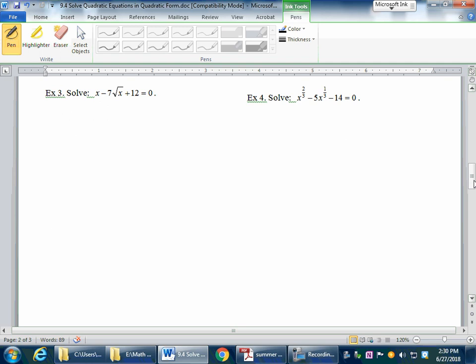So looking at this next equation, x minus 7 square root of x plus 12. You can look at it as x to the first power minus 7 x to the 1/2 power plus 12 equal to 0. Remember, square root, cube root, we can rewrite it as a rational exponent.